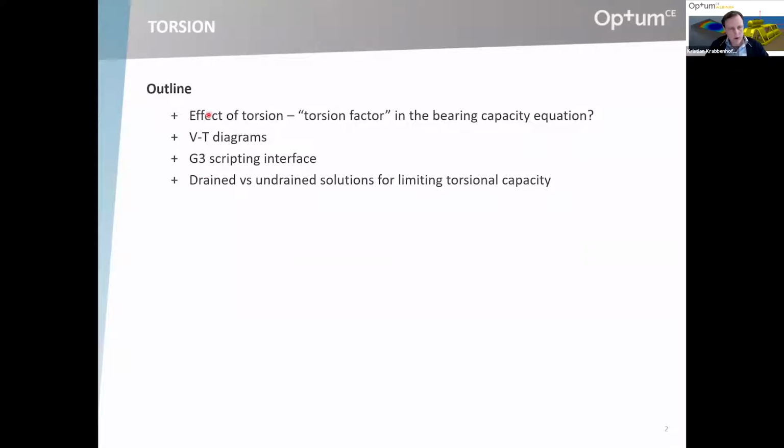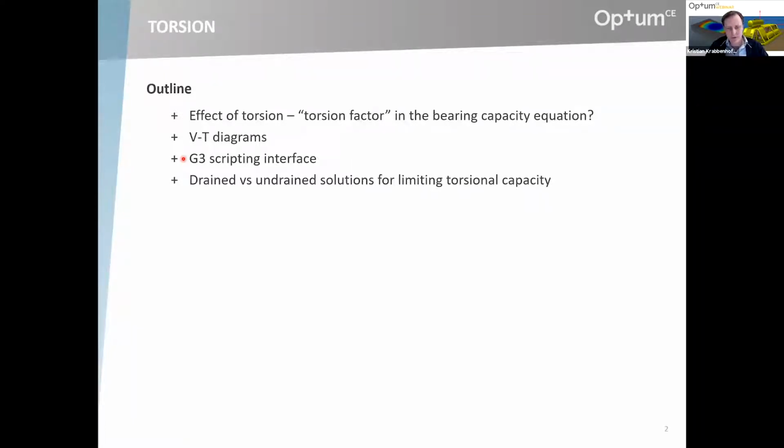So a brief outline: the effects of torsion is what we're going to look at. What I thought could be done, but I'm not really sure about that, which is why I put a question mark, is that we could introduce the effects of torsion by including another factor into the bearing capacity equation, what I call a torsion factor, which would be similar to an inclination factor. We could look at VT diagrams, which is another way of characterizing the effects of torsion on the vertical capacity, and that would give us a reason to also talk about a feature of G3 that I don't think a lot of people really use, and that's the scripting interface.